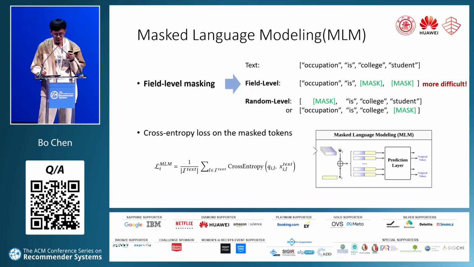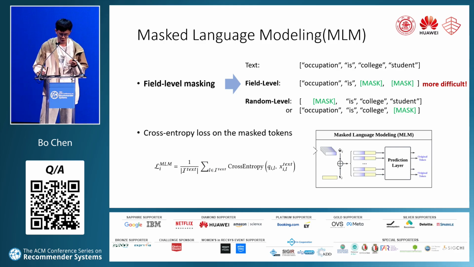The first one is the masked language modeling, and this model takes the masked text and the complete tabular data as input and attempts to recover the masked tokens. For the masking strategy, we design a new one named the field-level masking strategy, which means we mask all the textual tokens from one feature value, which is more difficult than random token-level masking. The random-level masking can be easily inferred based on the textual context.